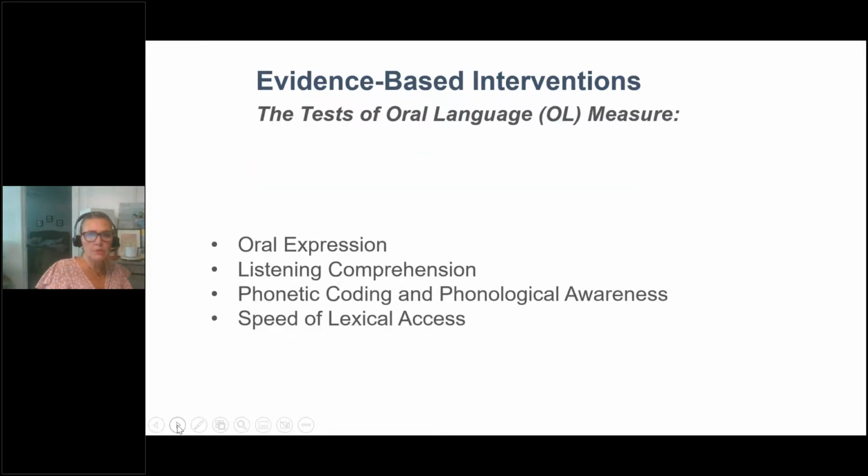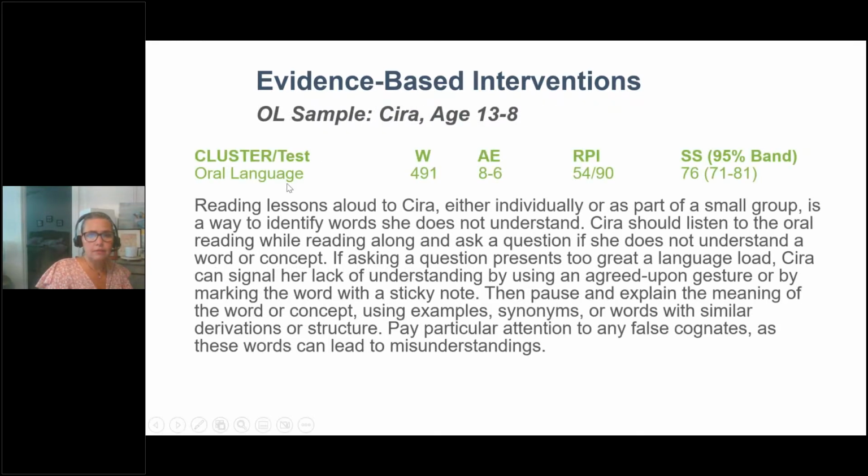And then oral expression, when we're talking about the Test of Oral Language, again we have evidence-based interventions for oral expression, listening comprehension, phonetic coding, phonological awareness, and also speed of lexical access. So again, depending on how the student performed, this particular student on the oral language cluster scored a standard score of 76 with a 54 over 90.